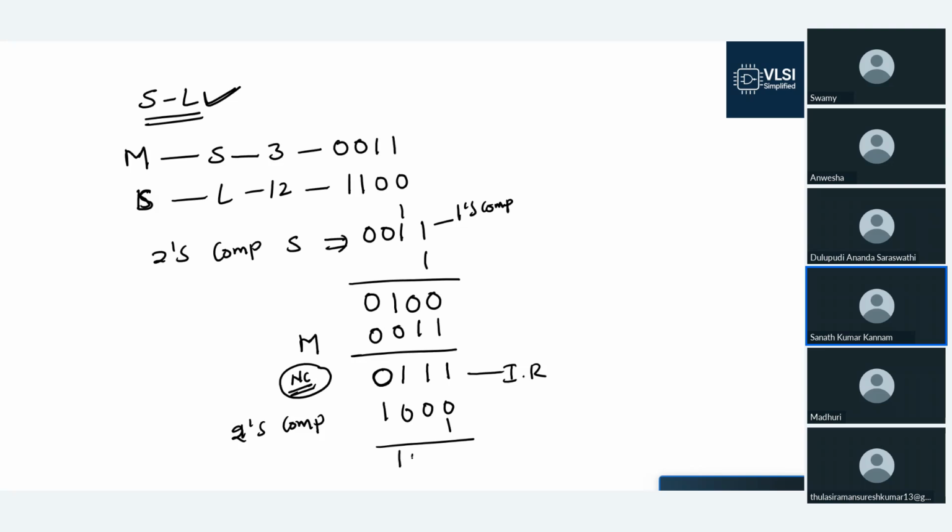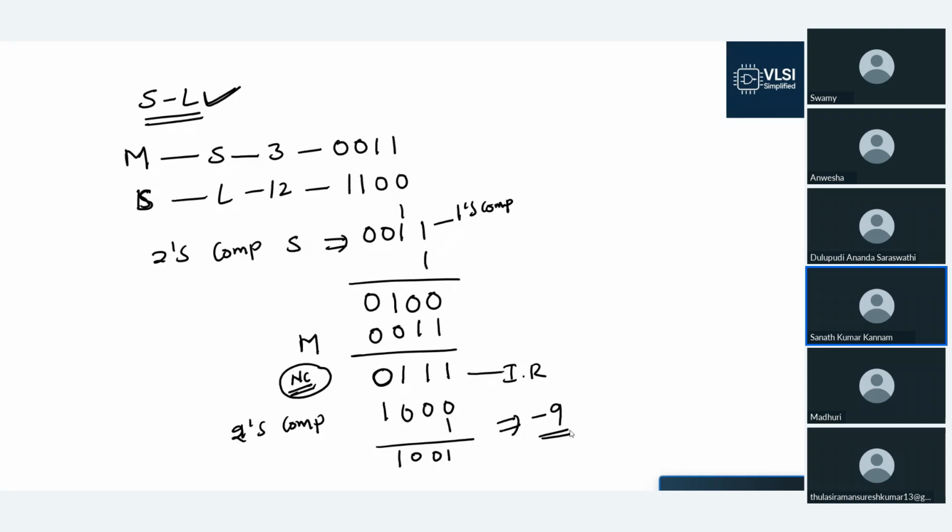What are we getting? 1001. This is nothing but minus 9. So like this, you can do subtraction using 1's complement and 2's complement.